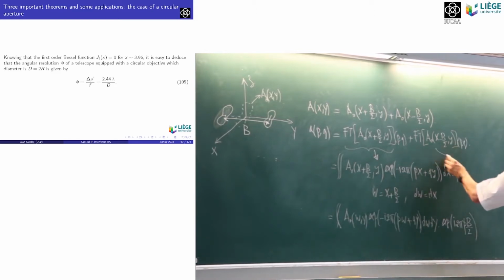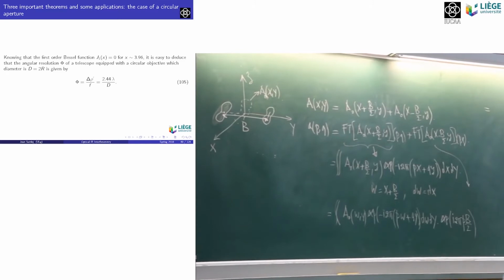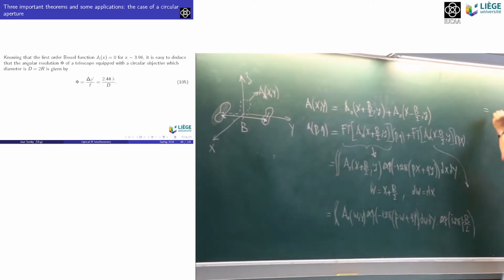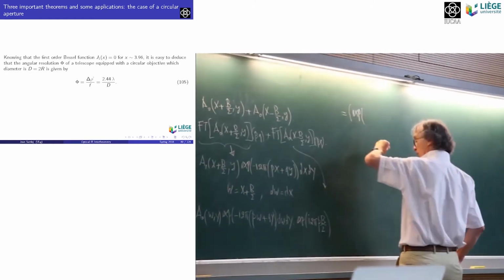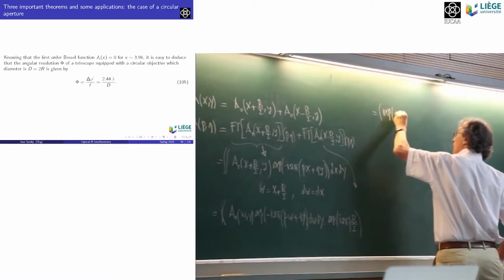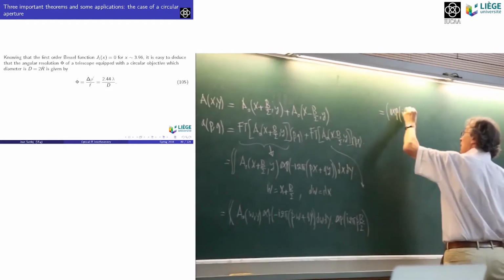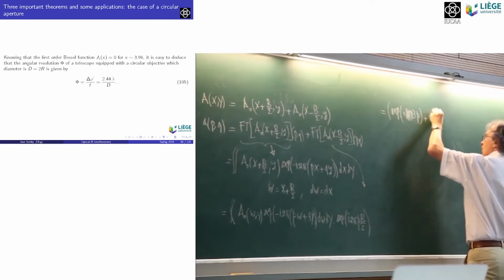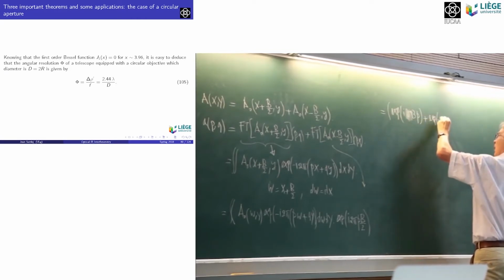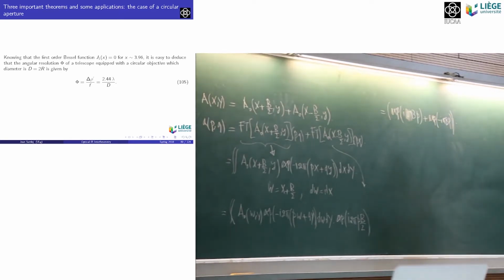Now I would do the same for the other one, and then I would co-add them. So what I would obtain at the end would be the following expression. It's equal to the exponential of i pi B p plus the exponential of minus i pi B p, multiplied by what is left.